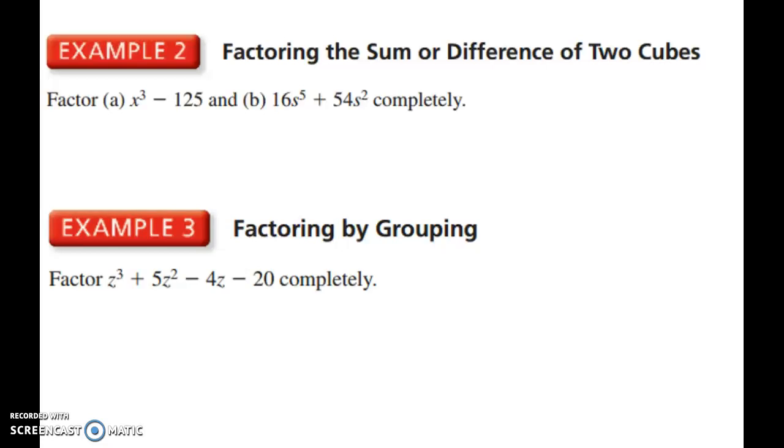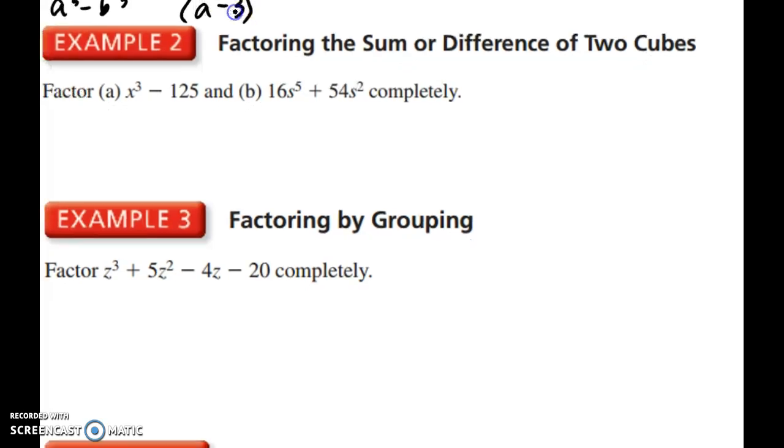Let's look at example 2, factoring completely. It looks like in example 2a, x is cubed and 125 is also a perfect cube. It's 5 cubed. So we have a difference of two cubes. And the difference of two cubes can be written with a's and b's.